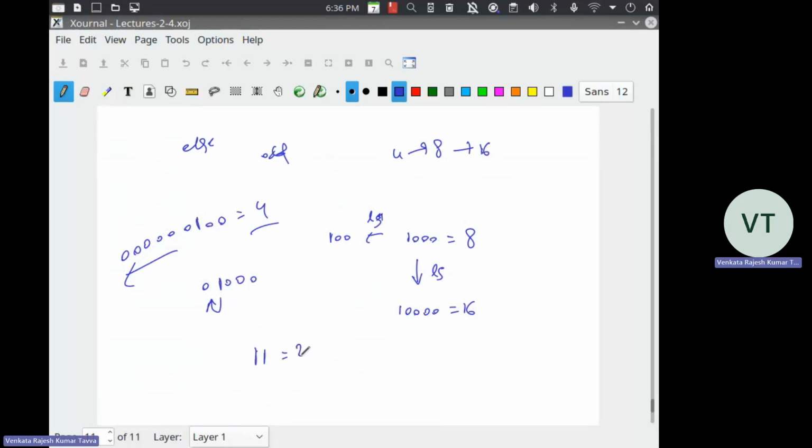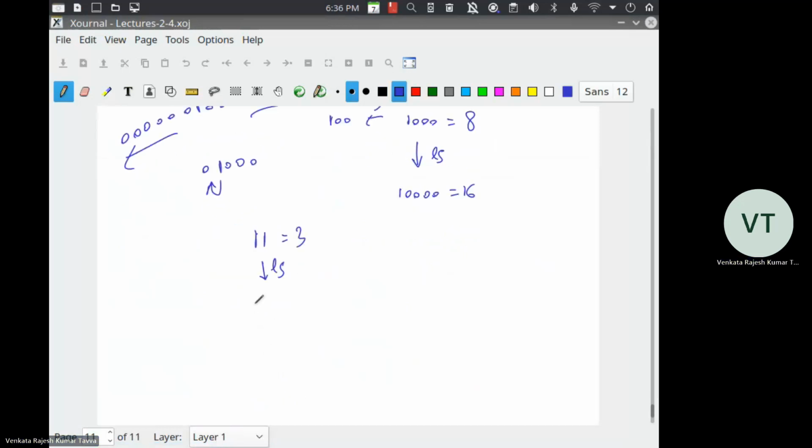Suppose I take 1 1. What is this? Number 3. If I do a left shift, this will become 1 1 0. What is this? 6. Again, if I do a left shift, 1 1 0 0. What is this? 12. Do you see a pattern? What is happening? It is becoming double. So if I take n, if I do a left shift of it by 1 position, what will I get? 2n.